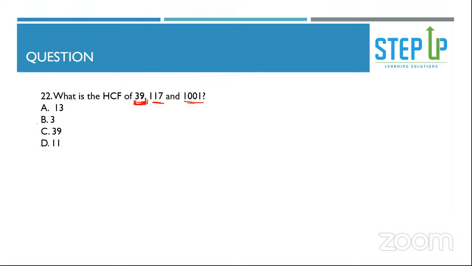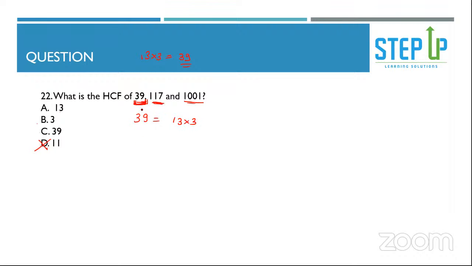No, right? So 39 is not divisible by 11, option eliminated. Now, 13 into 3 into 13. 13, 3, 39. All numbers are kind of familiar. Like 13 into 3 is nothing but 39. So let's see. 39 could be written as 13 into 3.